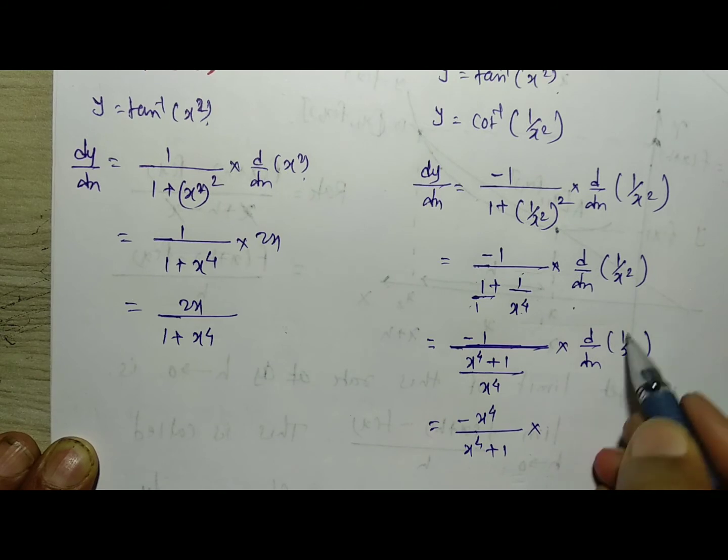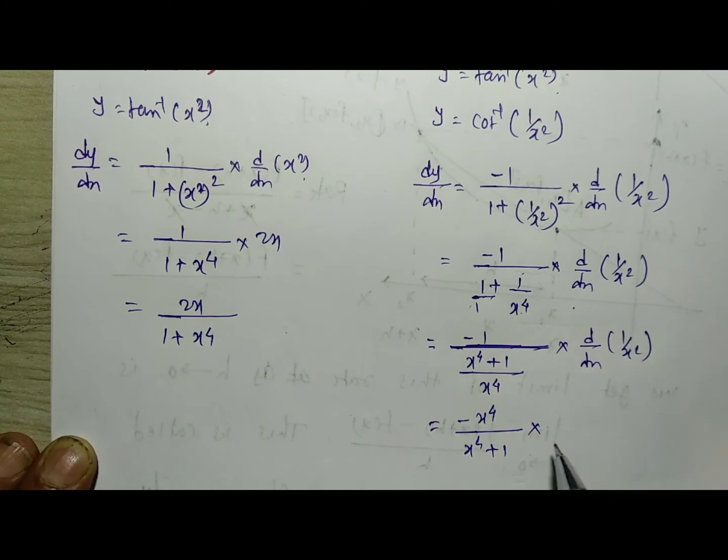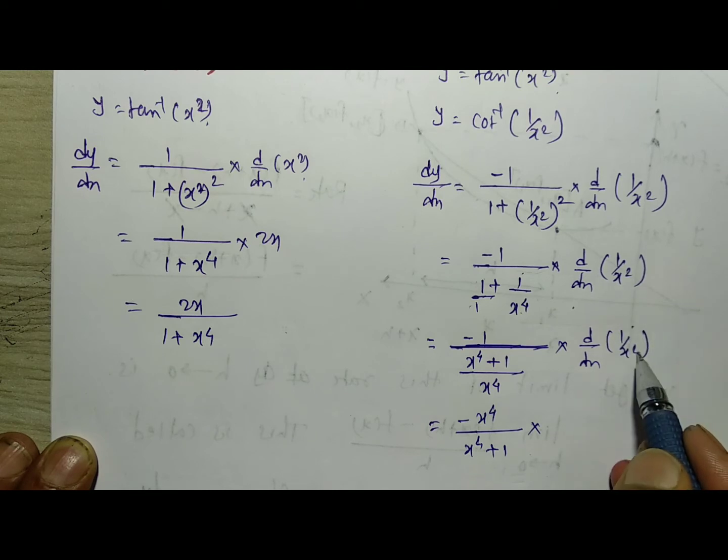Into, now we have to find the derivative of this one by using the derivative of u divided by v. That means the division rule, and you know the denominator is x square.